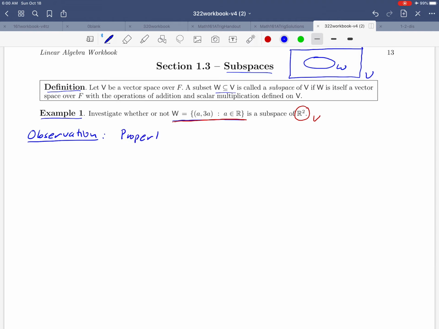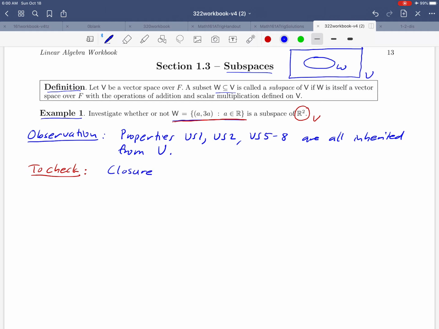So properties VS1, VS2, and VS5 through 8 are all inherited from V. We don't have to show those, because they're already true in V. So what we do have to check are the other ones. We made this remark on the previous page: closure, VS3, and VS4.